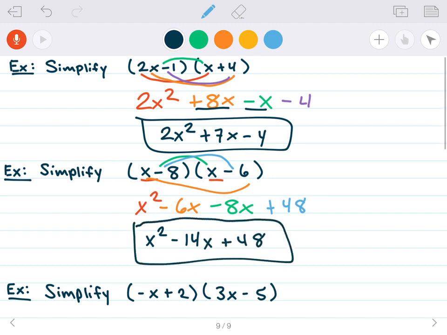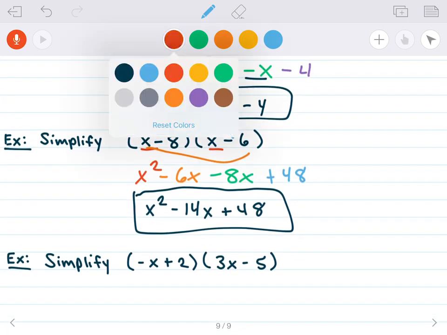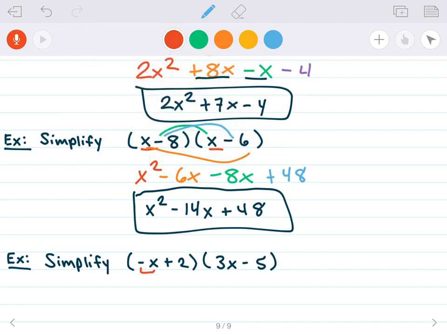All right, let's do one more. Okay, so now we have negative x times 3x, which is negative 3x squared. Outer, we have positive 2 times negative 5. That's negative 10.